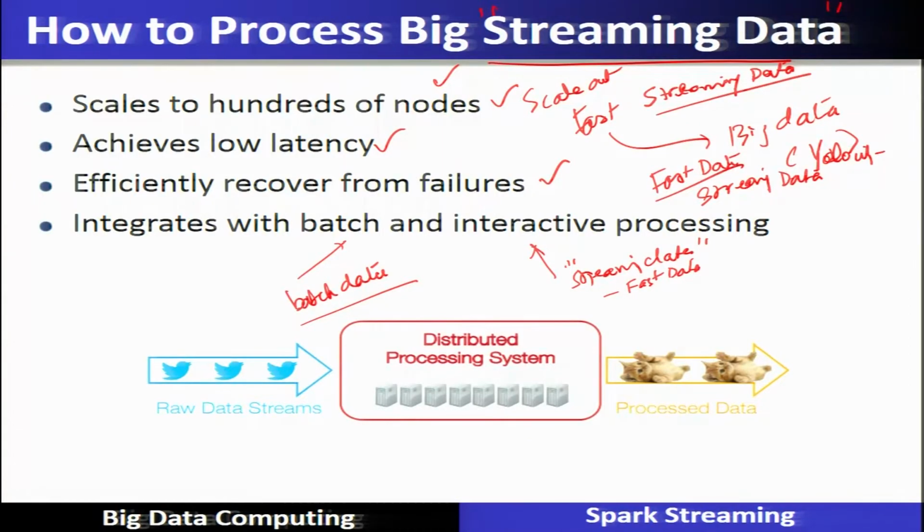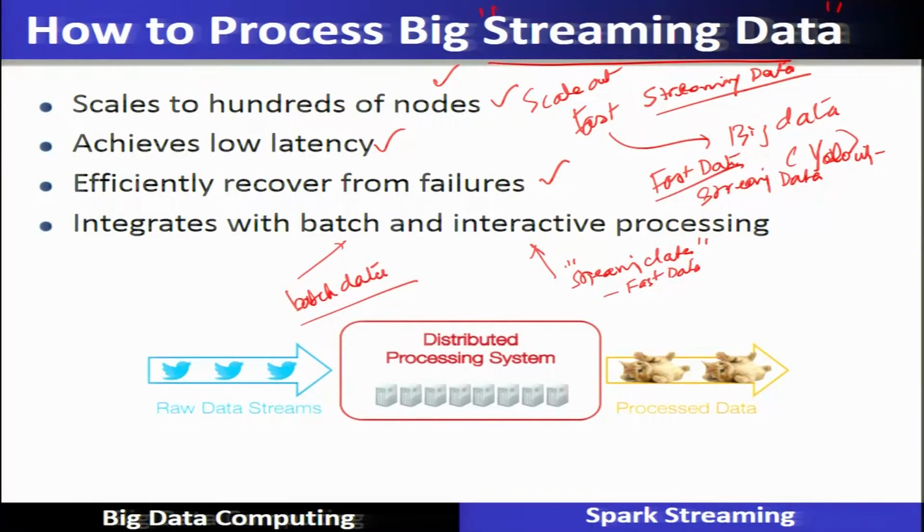In the traditional, previous technologies, they had different stacks, and therefore the integration is time-consuming and may not be useful for real-time applications.